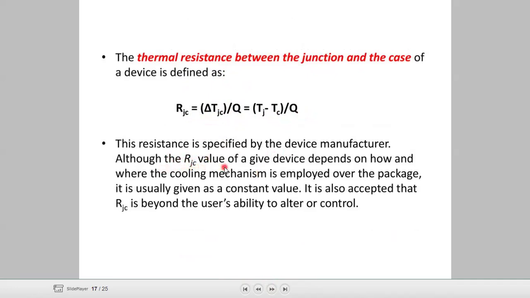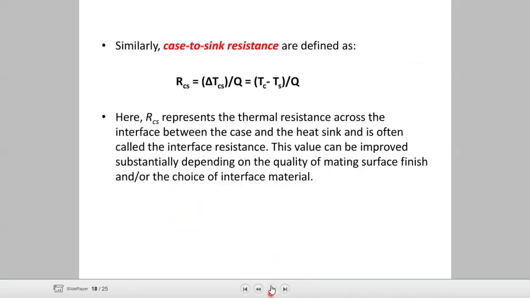Although the RJC value of a given device depends on how and where the cooling mechanism is employed over the package, it is usually given as a constant value. It is also accepted that RJC is beyond the user's ability to alter or control.